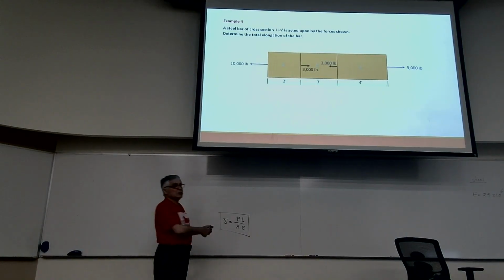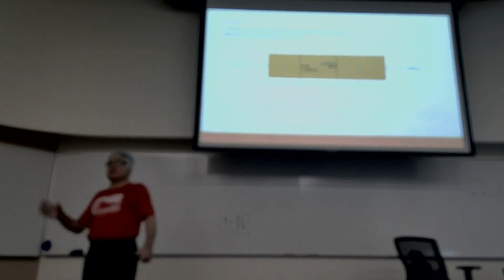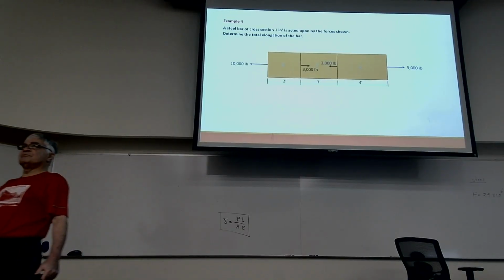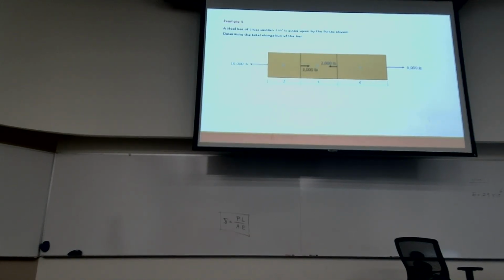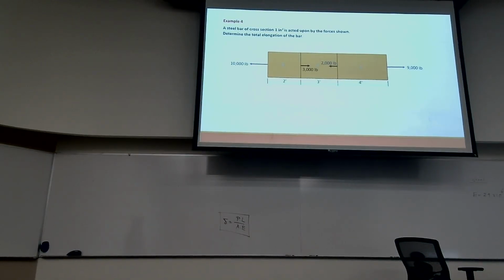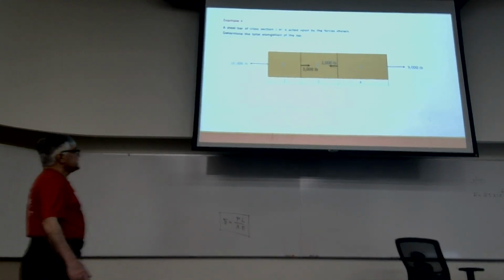So what we need to do is find the deltas for piece 1, 2, 3, and add them up. If you have tension, then the elongations are going to be positive. If we have compression, then the elongations are negative. So obviously we need to keep track of what's positive and what's negative.